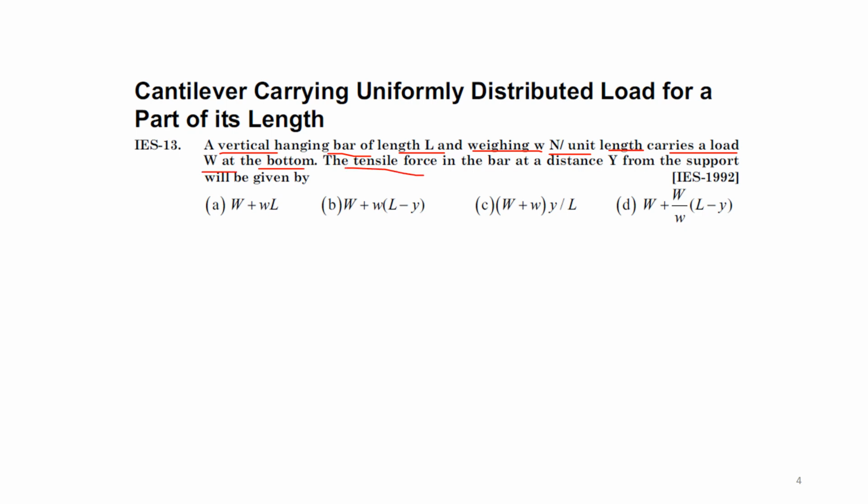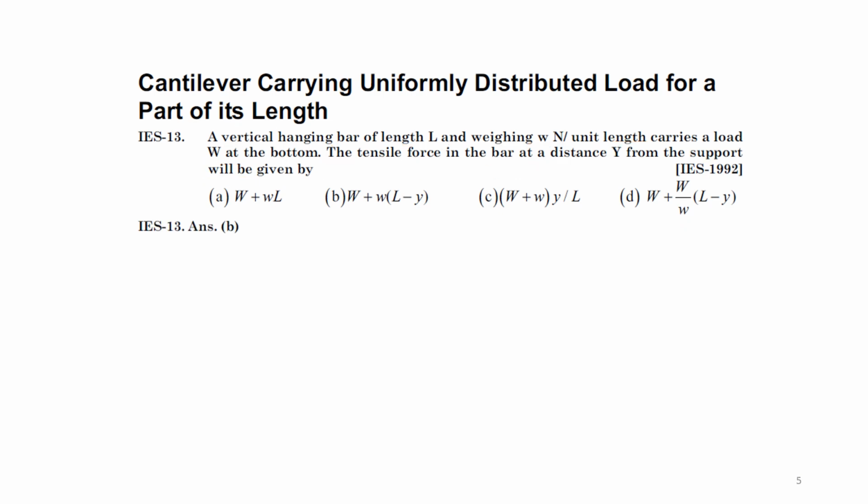The tensile force in the bar at a distance y from the support will be given by. It is actually nothing but just remember this: it is W plus small w times (L minus y). Okay, you just remember this. So the answer is B.